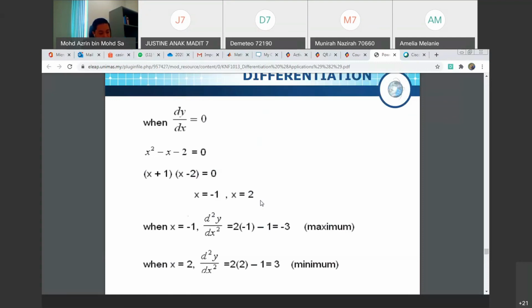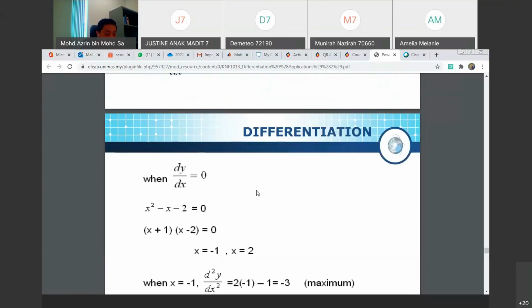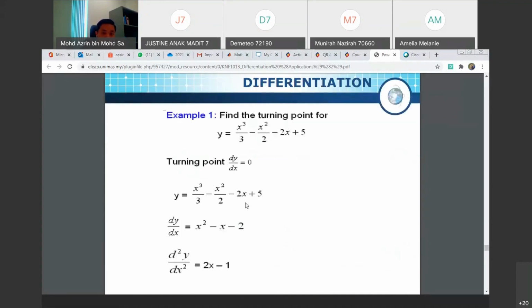So let's say kalau kita nak cari graph tu kan, untuk nilai kat atas ni lah contoh.